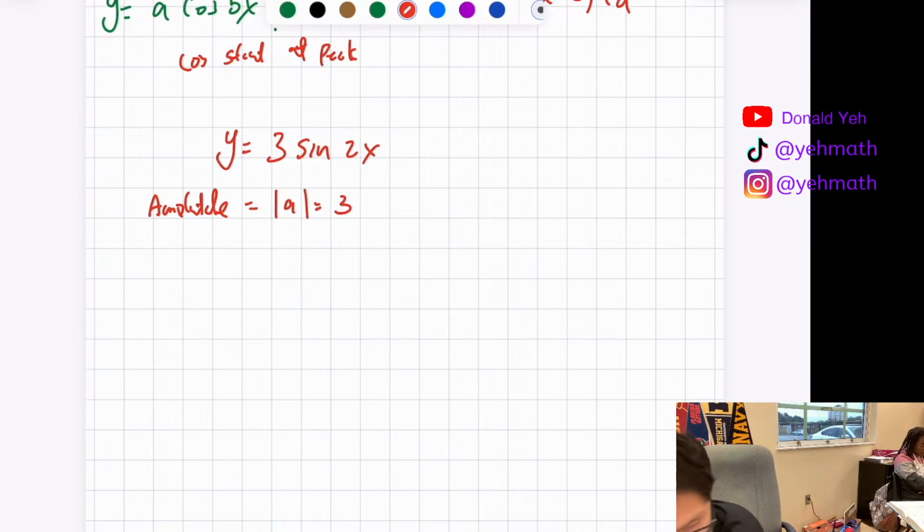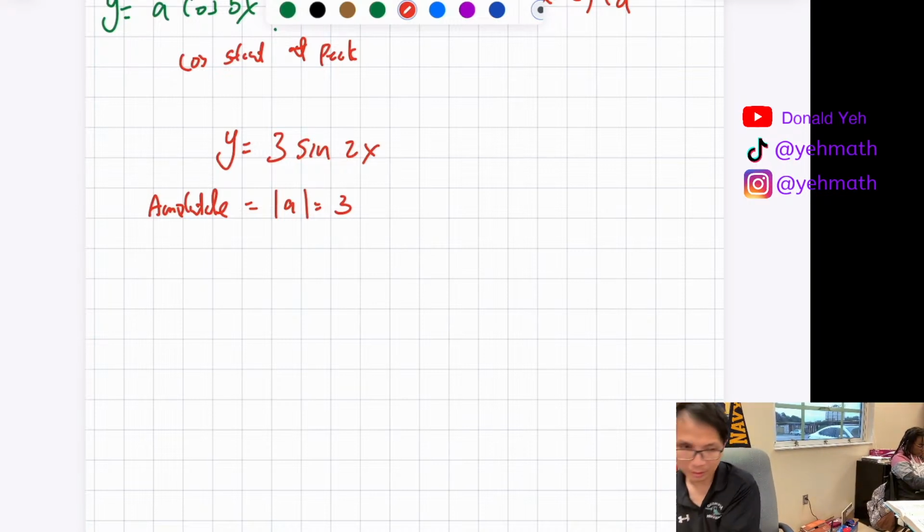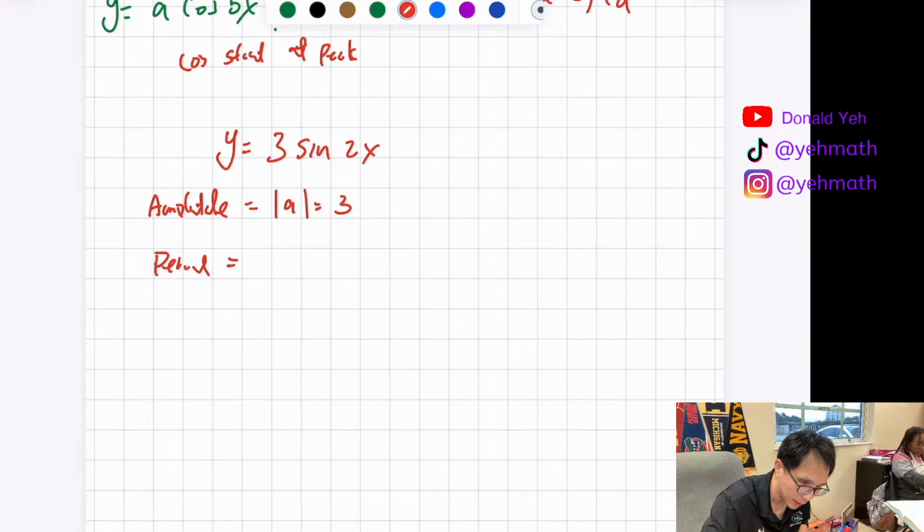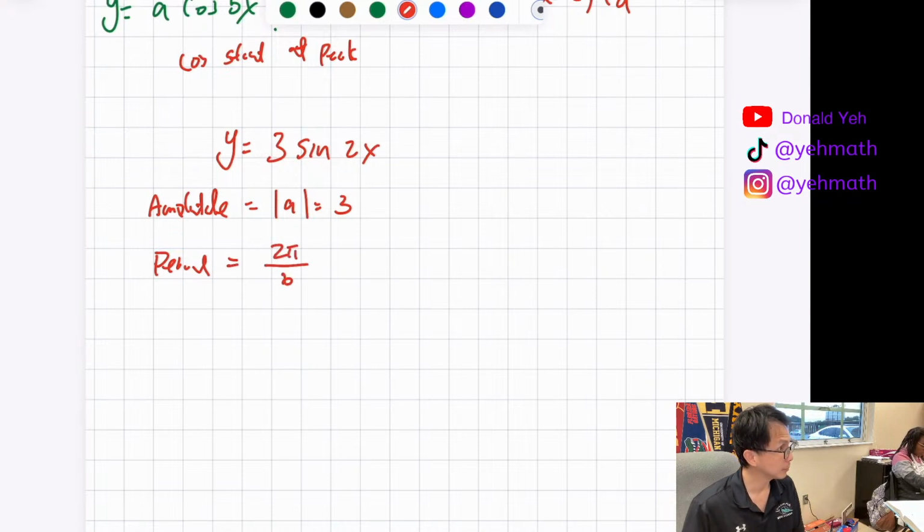And then we're gonna go in. We're gonna say, okay, well, I'm gonna find out what my period is. Period has a formula. It's called 2 pi over b. This formula you have to memorize.